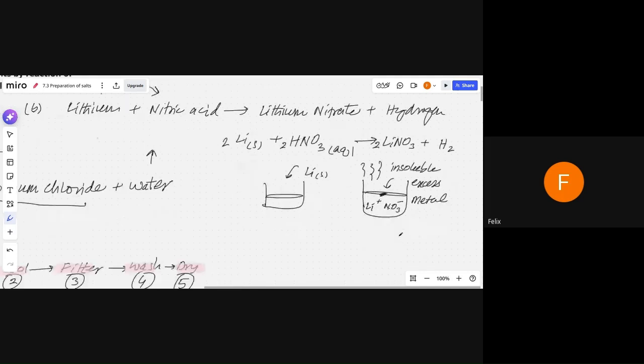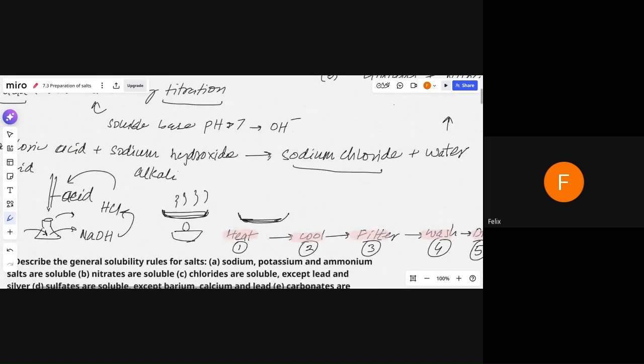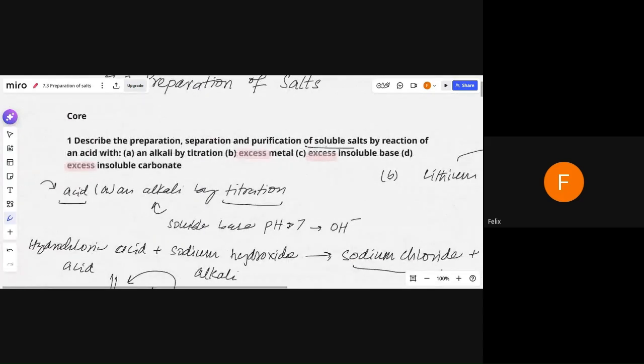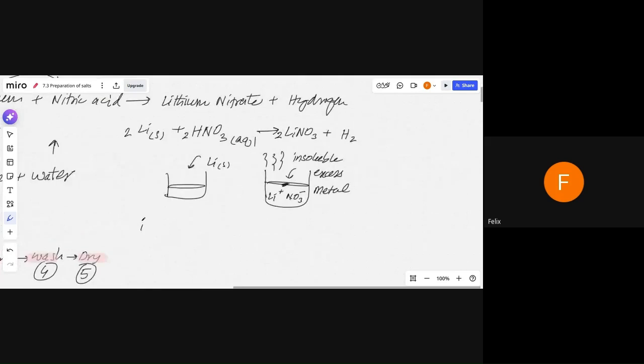So this order will be different from the previous one. These small differences make this topic confusing and difficult. So you must understand the sequence of preparation, separation and purification, based on the method we are studying, right?